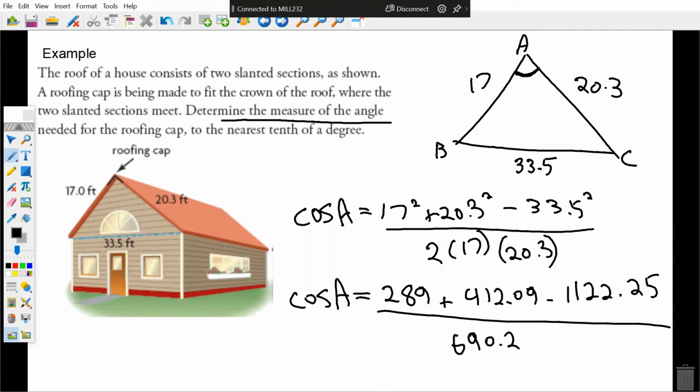I'm going to divide that by 690.2, giving me a cos of A equals negative 0.610199942, etc. And again, if we want to find the angle, we go second function cos, so cos inverse.